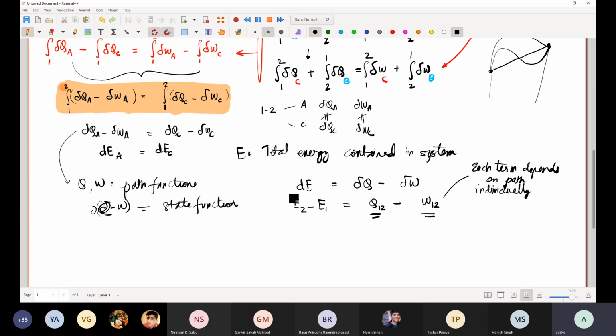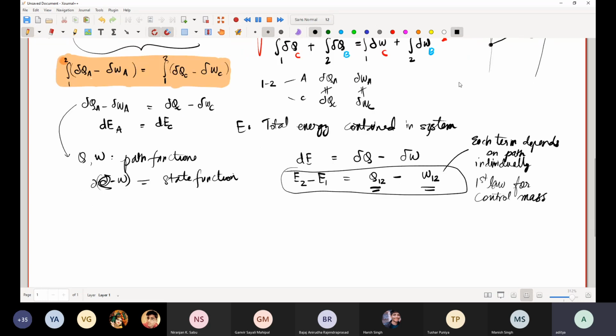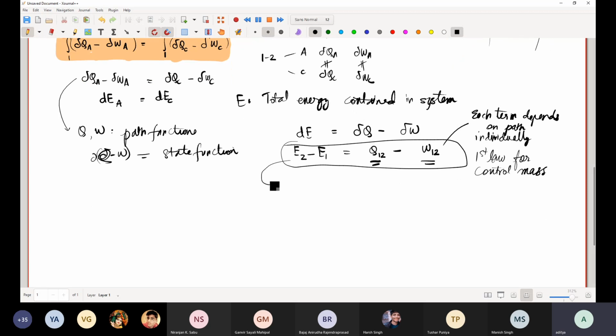Okay. So this is the statement of the conservation of energy, and this comprises the first law for a control mass. Now what does E comprise of? E is comprised of three things.